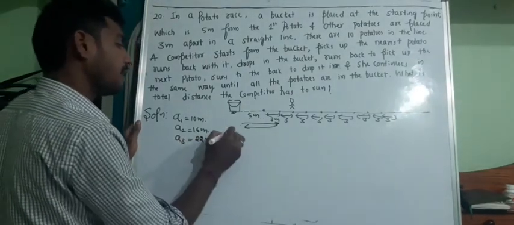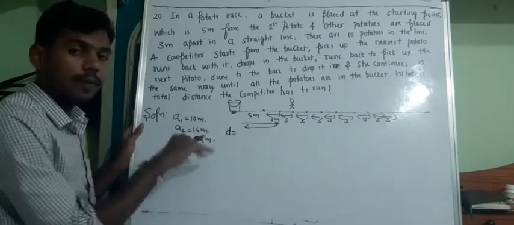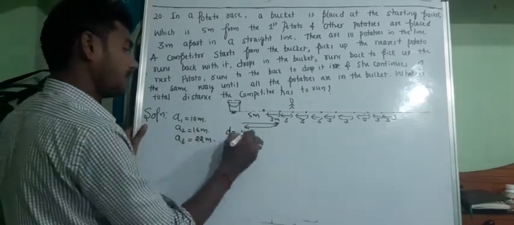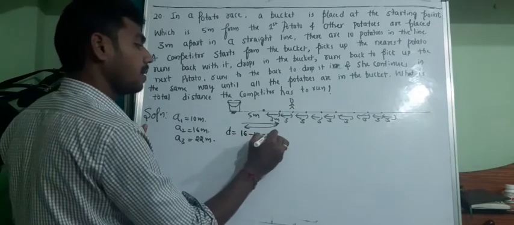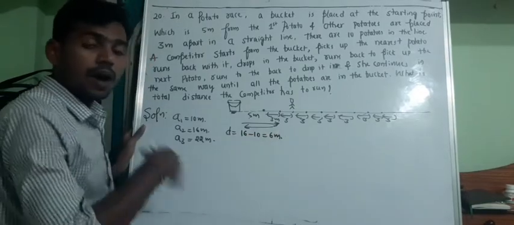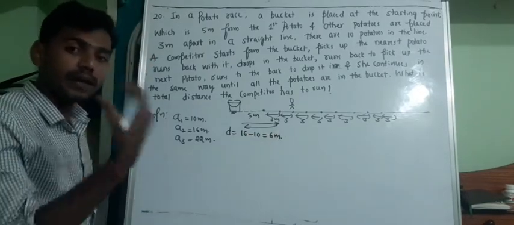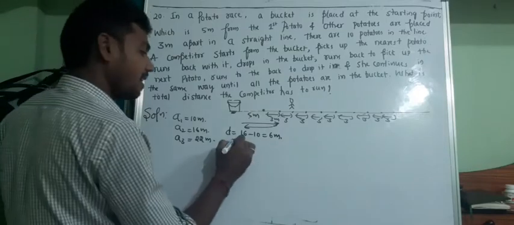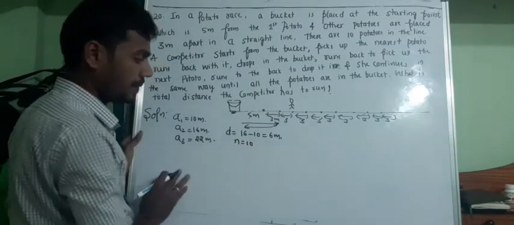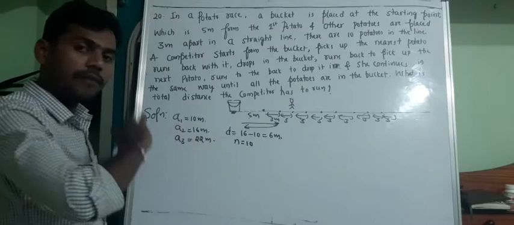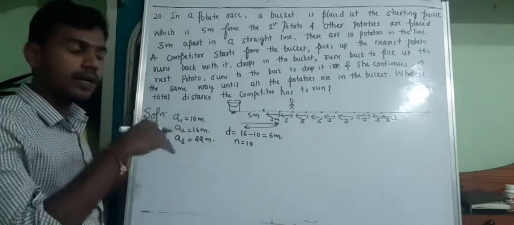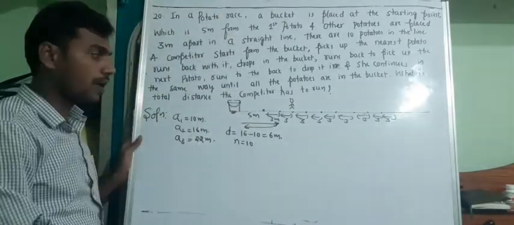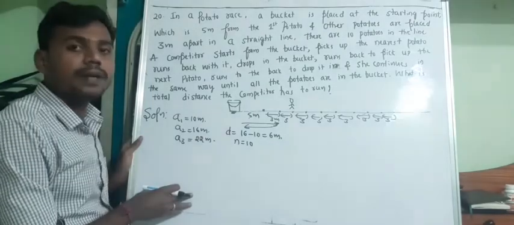So what is d then? It's the common difference. d is 16 minus 10, it is nothing but 6 meters. How many terms, meaning how many potatoes are there? That is n, 10 potatoes. If I find Sn, then I am going to get the total distance covered by the competitor.